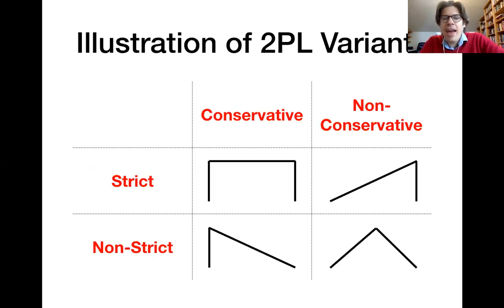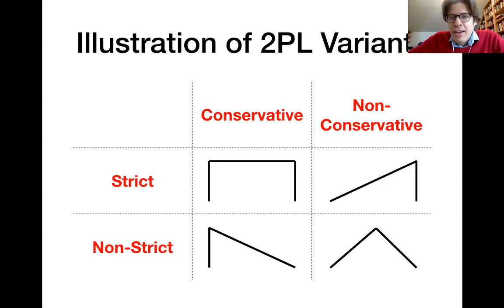On the other side, you have the strict variants, and here you have the sudden drop at the end of the transaction. This is because strict two-phase locking requires transactions to hold on to their locks until the end of execution, and they release all of those locks at once.